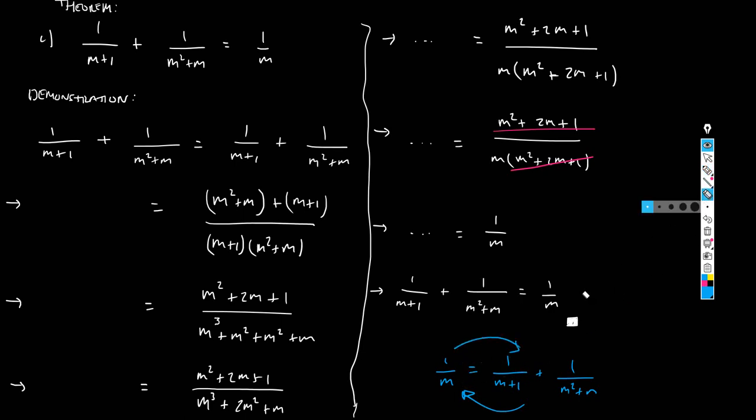Okay, so basically that's how it works. You're going to manipulate algebraically one of the expressions and make it look like the other one. And that's how it works. It's a very simple method of proof, of demonstration. I'm going to be helping you out in the rest of them if you have questions, because I'm going to give you several examples of this.